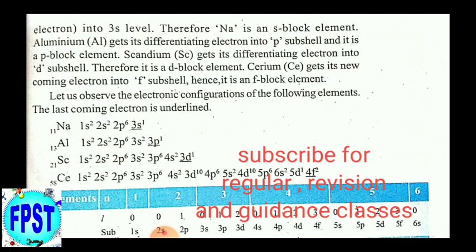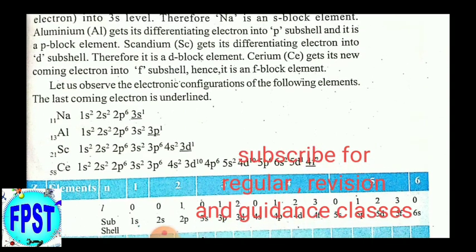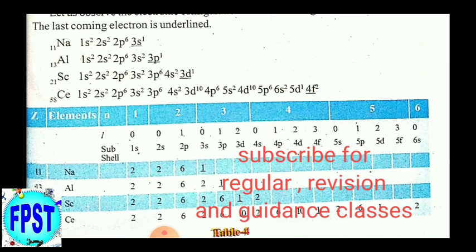The differentiating electron in scandium enters into the d orbital, so it is a d block element. And for the f block, for example cerium, the differentiating electron enters into the f orbital, so it is an f block element.